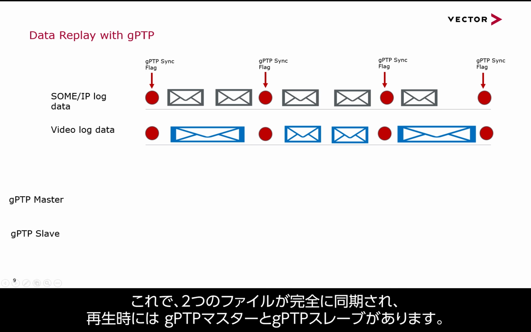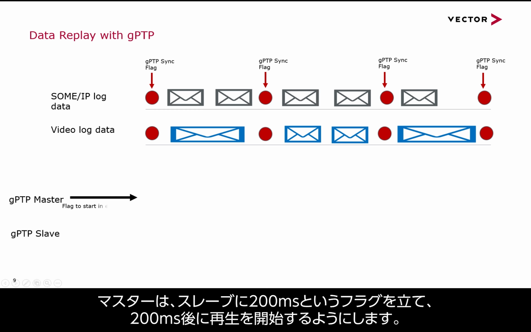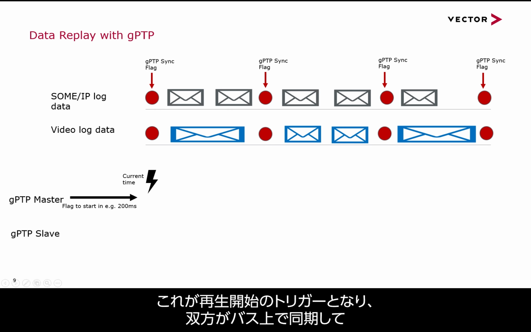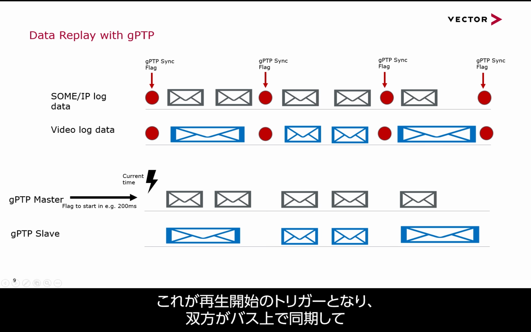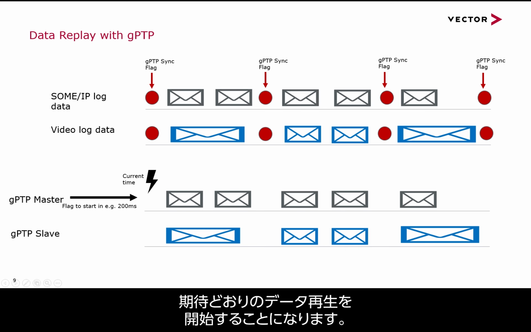When it comes to the replay, we'll have a gPTP master and a gPTP slave. The master would give a flag, let's say 200 milliseconds, to the slave that we will be starting the replay in 200 milliseconds. Then this would be the current time, which is the trigger to start the replay. Both sides would then start replaying the data synchronously on the bus.